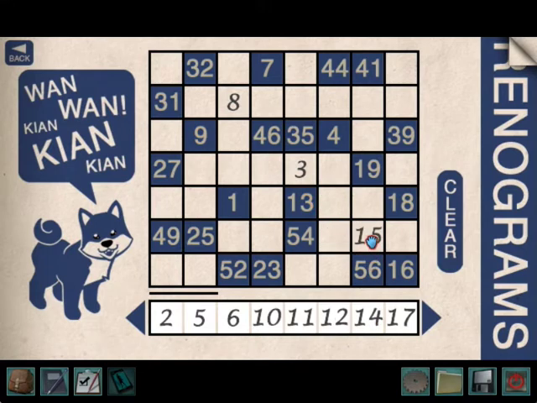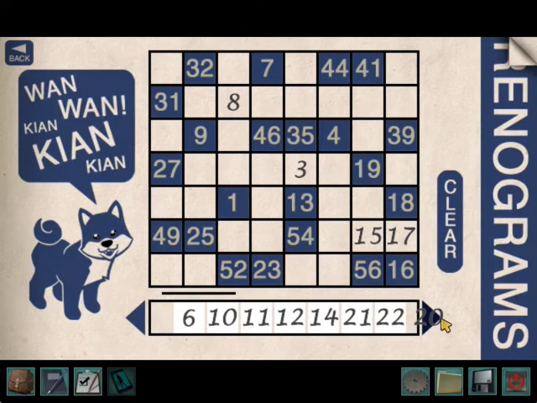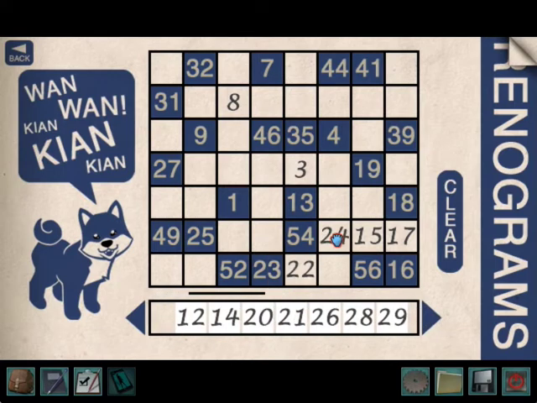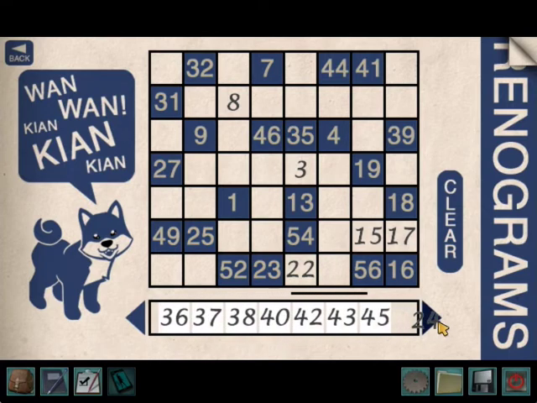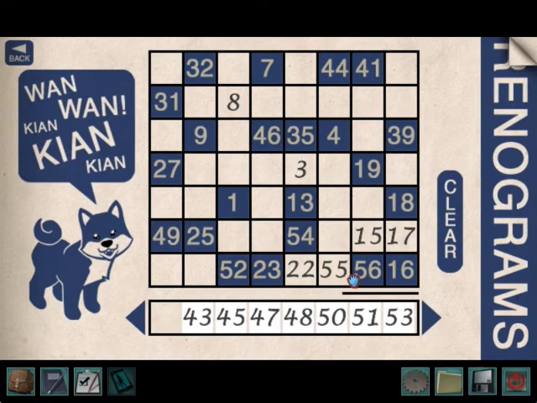Okay, 15 has to go there, which means 17 goes there. What are we looking at here for 20, 21, 22? Okay, 22 has to go in that spot, definitely. Okay, I'm thinking that 55 has to go at the bottom, and the 21 has to go back here.